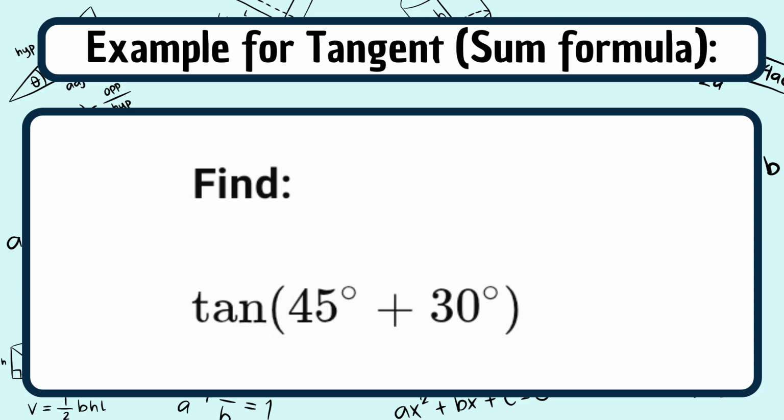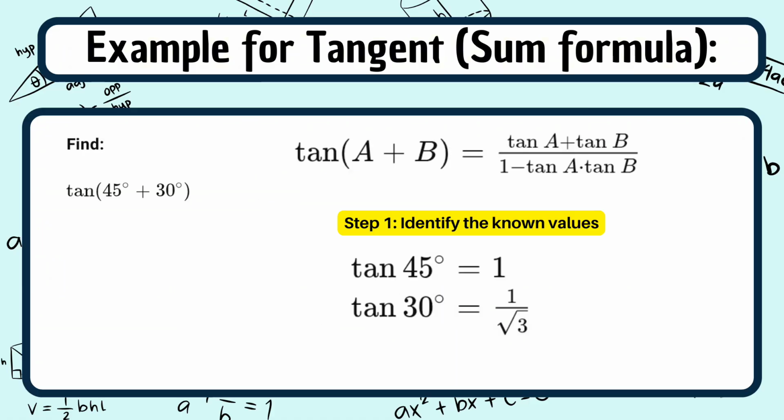Next, let's have tangent using sum formula. Let's solve for tangent 45 degrees plus 30 degrees. So we can use the identity tangent A plus B is equal to tangent A plus tangent B over 1 minus tangent A times tangent B. So proceed to step number 1. Identify the known values.